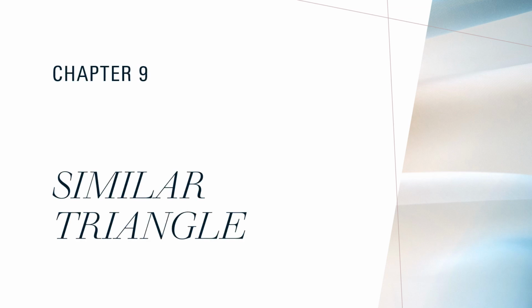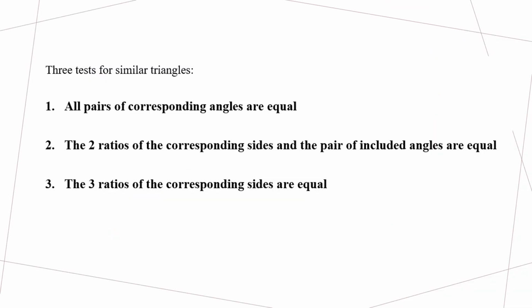Hi students, in this video we're going to learn how to recognize similar triangles and the test that we need to conduct to verify if the pairs of triangles given are similar or not. Basically there are three tests for similar triangles.